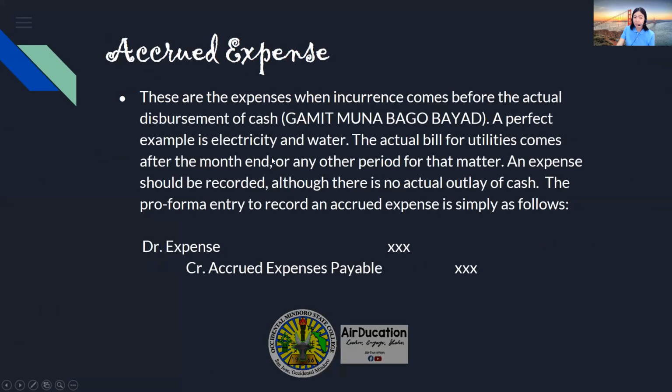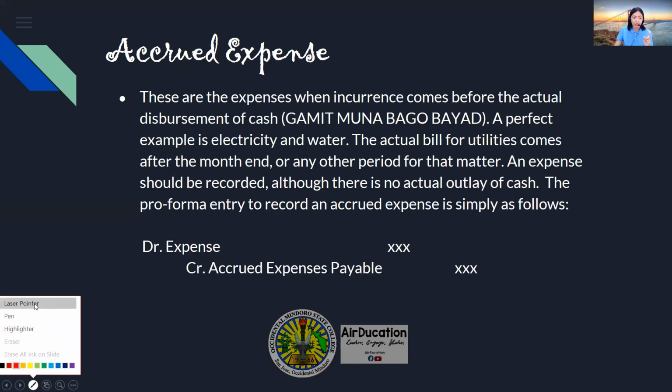Alright? Isa pa to, medyo thrilling ito, yung accrued expenses natin. There are expenses when incurrence comes before the actual disbursement. So, gamit muna bago bayad. Kanina sa prepaid expense, bayad muna bago natin gagamitin. Ngayon, pag accrued expenses naman, ginamit na natin bago natin bayaran. A perfect example is electricity and water.